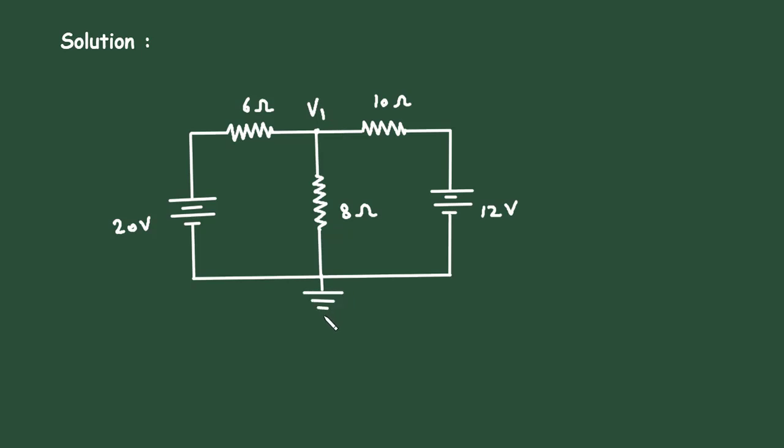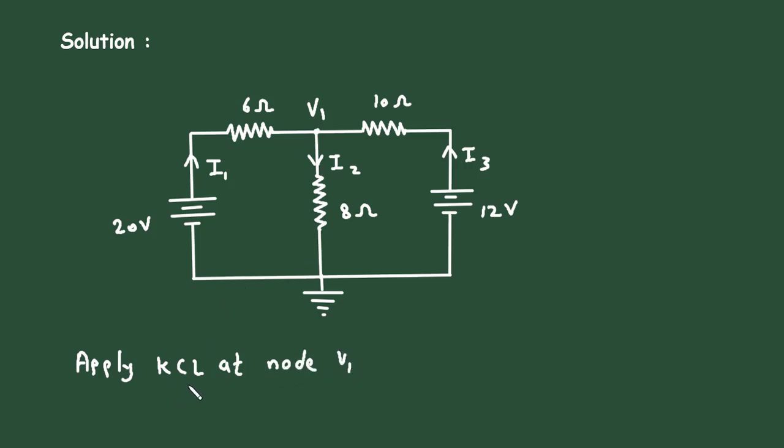node with 0 voltage. Let's assume, according to the polarity of this voltage source, this is current I1, all the currents towards this reference node, and this is current I2. According to the polarity of this voltage source, this is current I3. Now apply KCL at node V1.